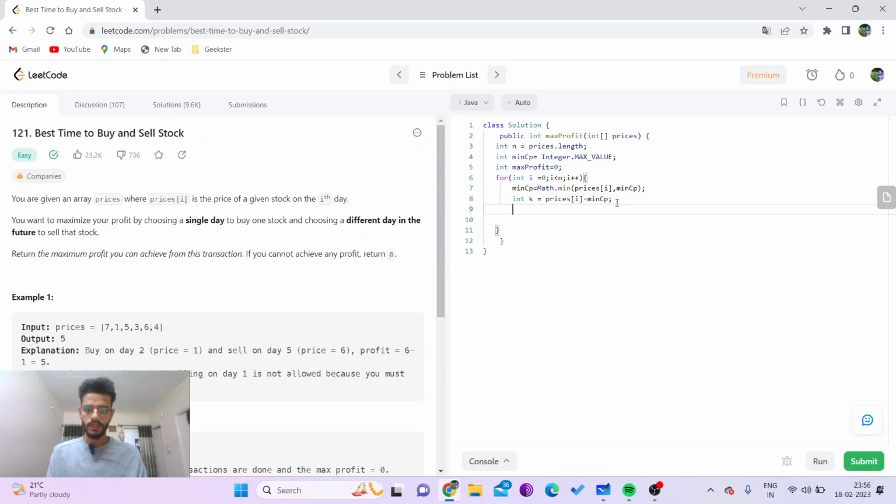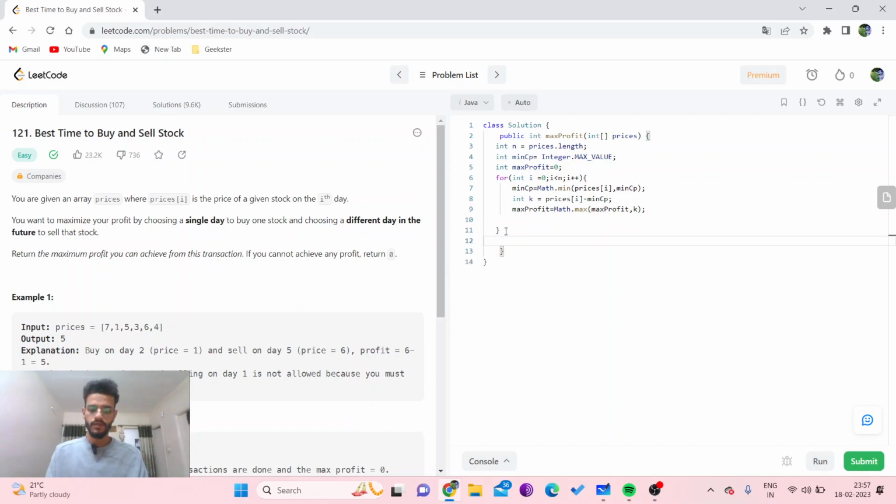Next, take the max profit. Max profit is equal to Math.max of max profit and k.